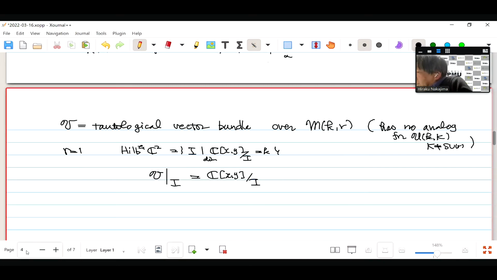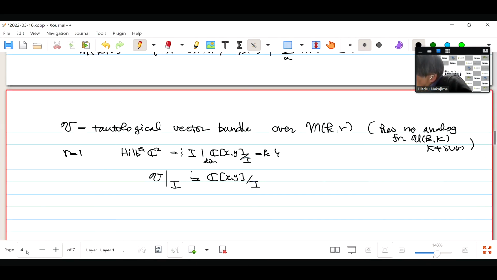In fact, this forms a vector bundle over the Hilbert scheme. And by definition, because the Hilbert scheme of K points means that this quotient is K-dimensional, this vector bundle has rank equal to K.